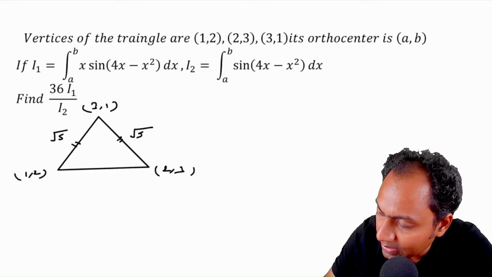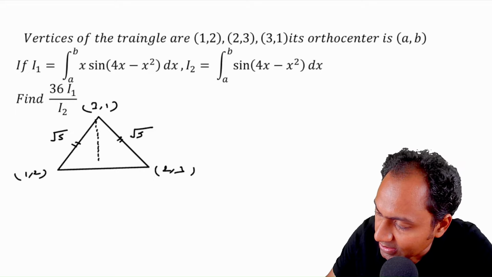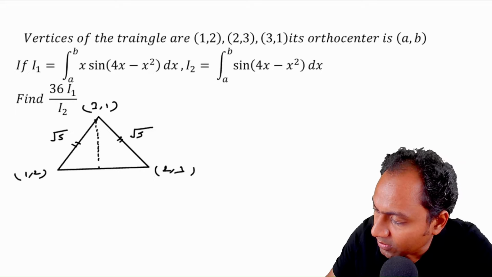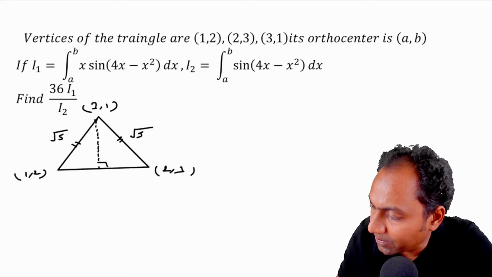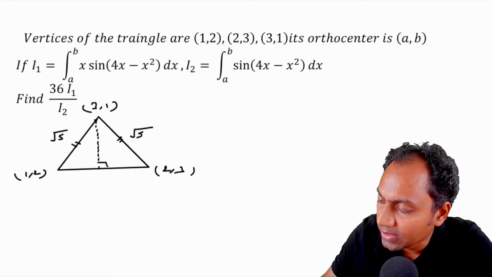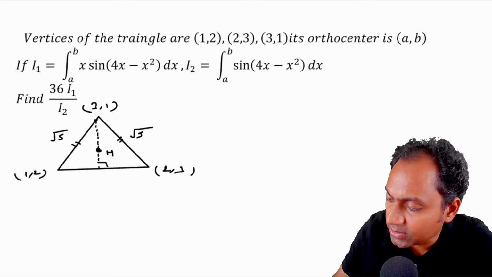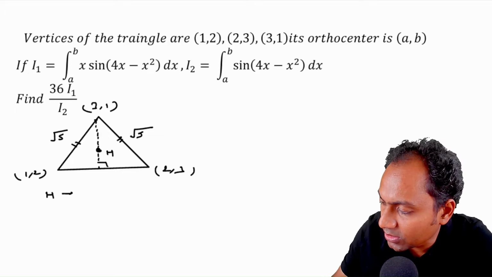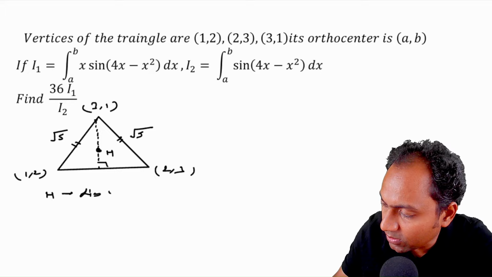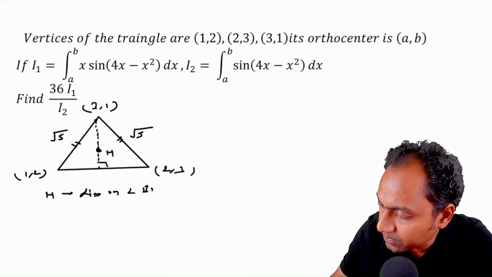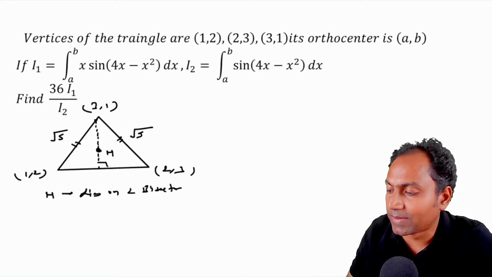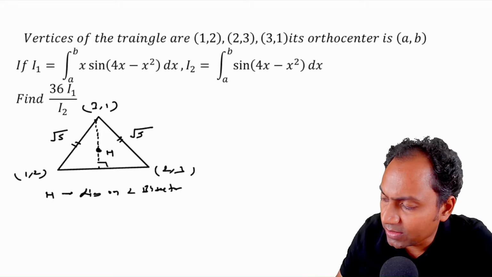So what will happen? This angle bisector from (3, 1) will also be perpendicular to the third side. Hence, our orthocenter H is going to lie on the angle bisector. So this H, that is the orthocenter, lies on the angle bisector. Finding the equation of this angle bisector is not a very difficult thing to do.